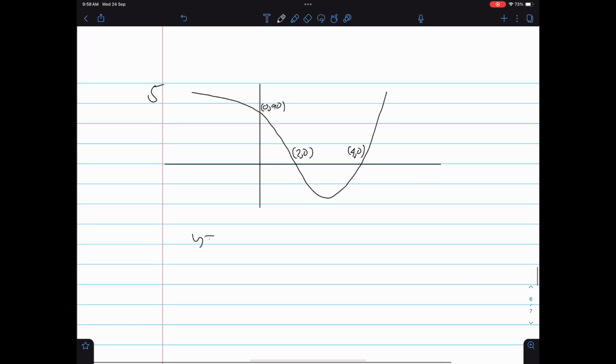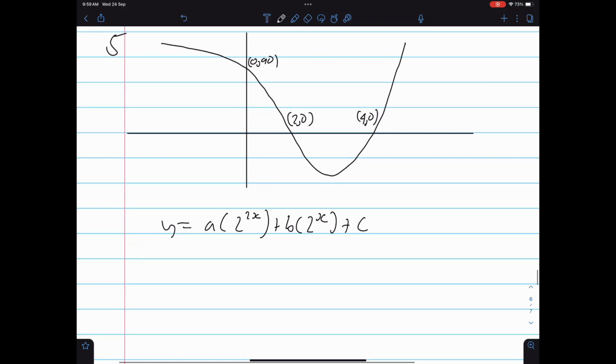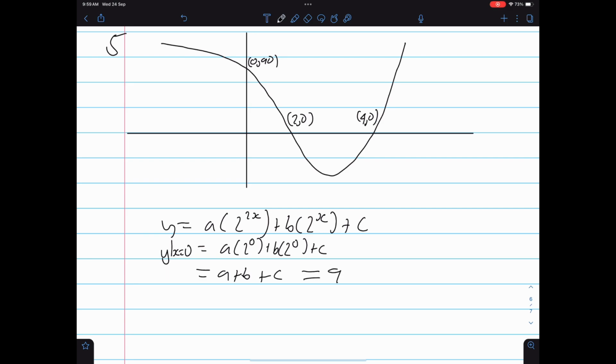And the graph is y equals a multiplied by 2 to the power of 2x plus b times 2 to the power of x plus c. When x is 0, this becomes a 2 to the power of 0 plus b 2 to the power of 0 plus c. So that's just a plus b plus c, and that equals 90.